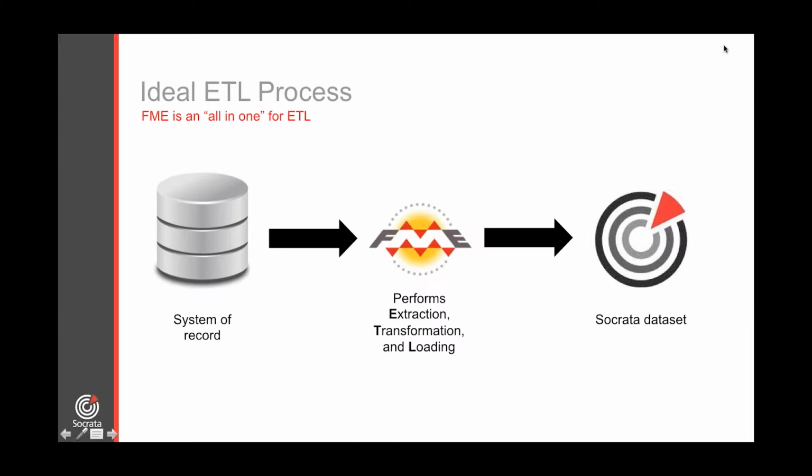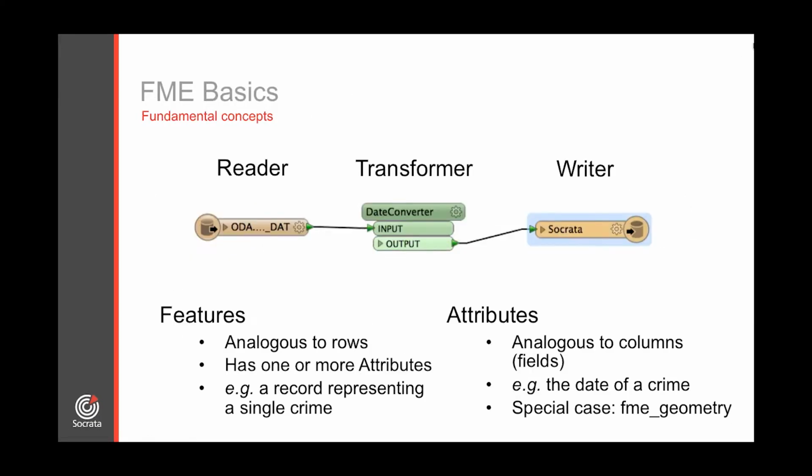So really, why I think using FME in the context of publishing data to Socrata is so powerful is because FME provides this all-in-one tool that you can use to do the entire ETL process. For those of you that may not be familiar with ETL, ETL stands for extraction, transformation, and loading.